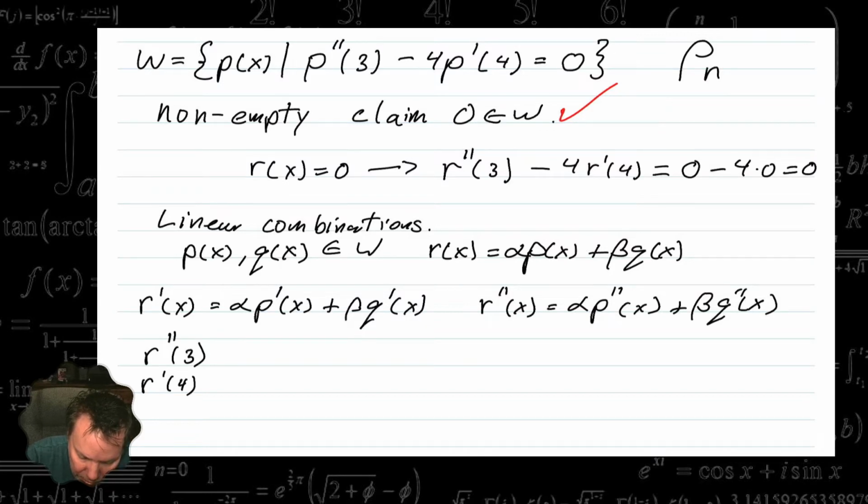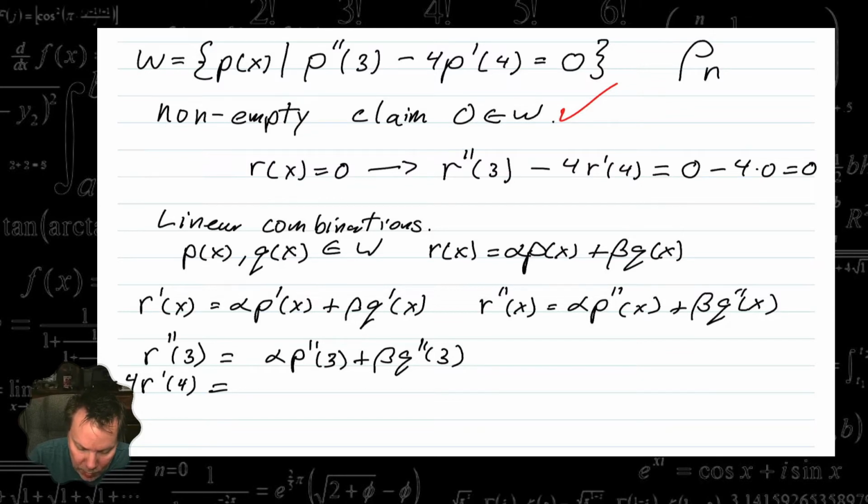Specifically, I need to multiply this by negative 4. Now, if I do that, I get alpha p double prime of 3 plus beta q double prime of 3. I keep doing that wrong. So that's what r double prime of 3 is. Now, my other one, I'm going to have negative 4 alpha p prime of 3 minus 4 beta q prime of 3.